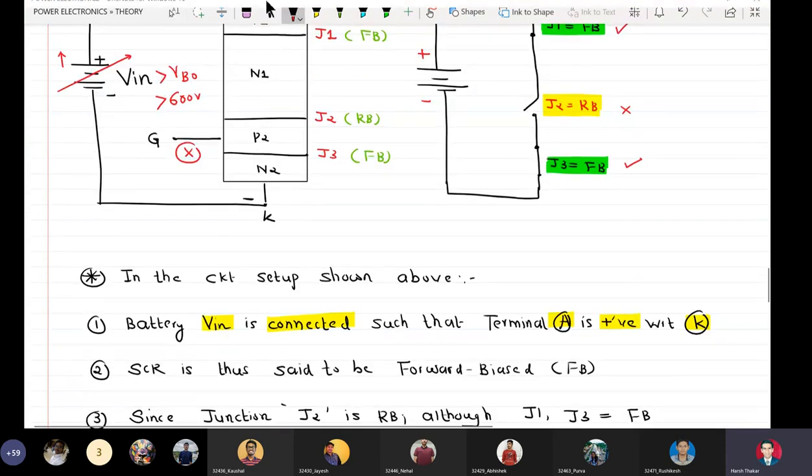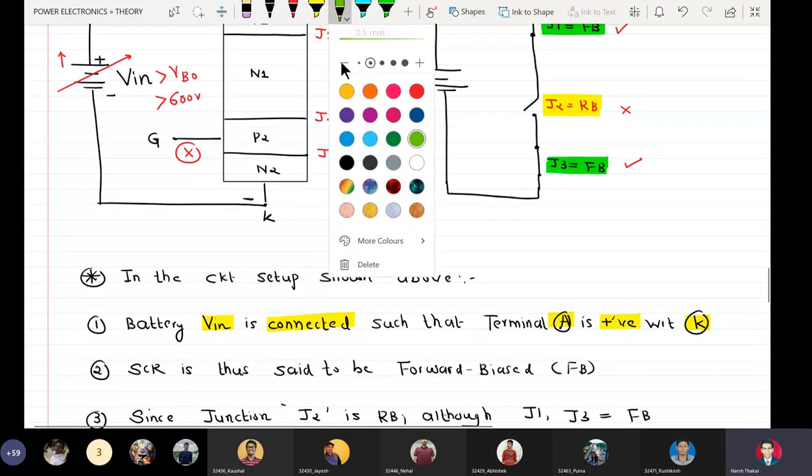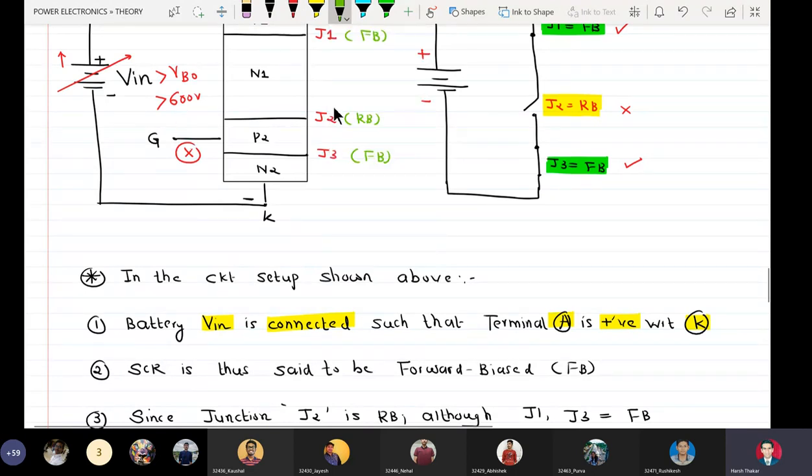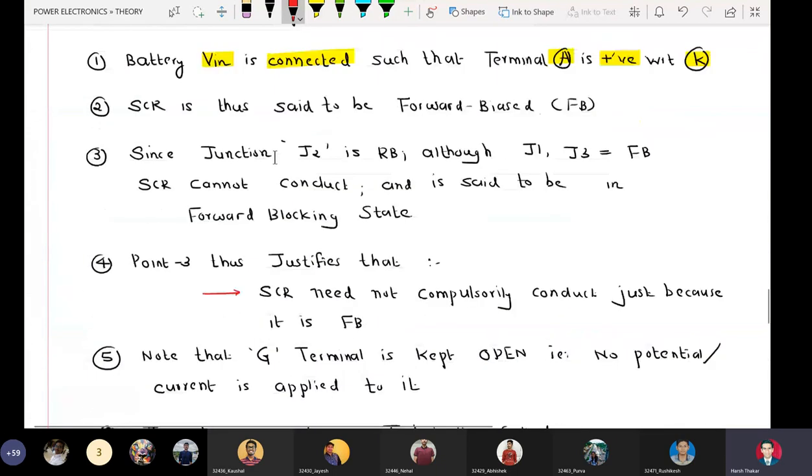So now see, there is a relationship. This particular problematic case can be dealt with using the gate terminal. There is no gate drive now, so we are going to use this gate terminal in order to defeat this reverse bias junction J2.